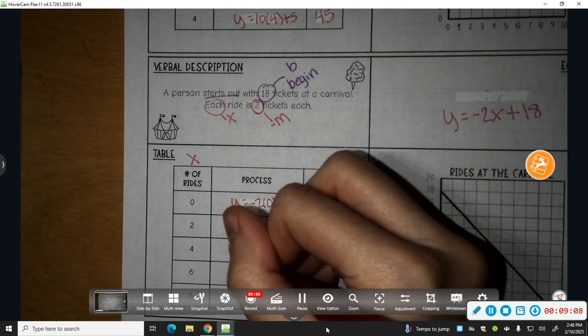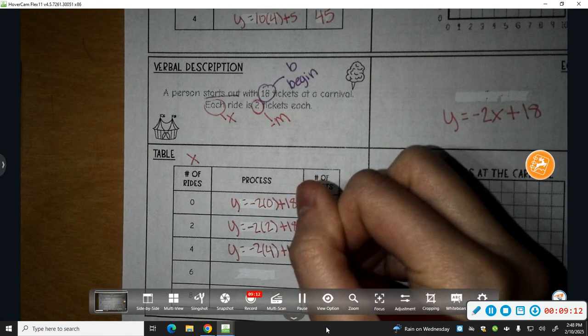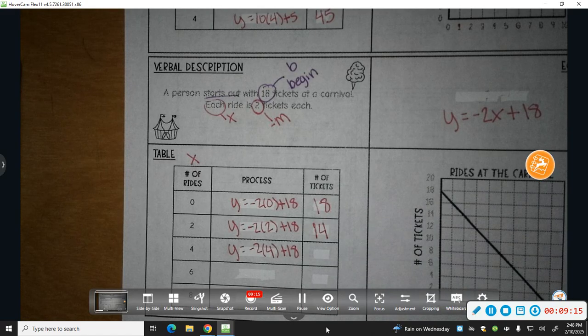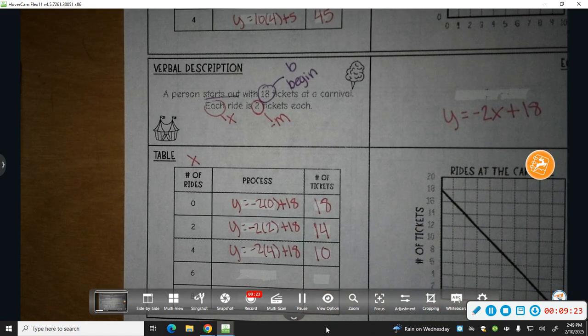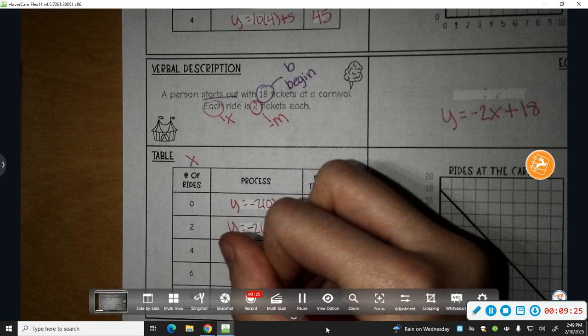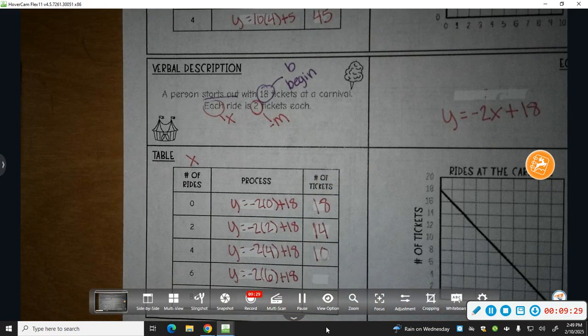So I have y equals negative 2 times 4 plus 18. Negative 2 times 4 is negative 8. Negative 8 plus 18 would be 10. Then I have y equals negative 2 times 6 plus 18. Negative 2 times 6 would be negative 12.